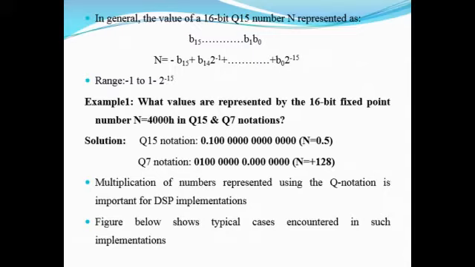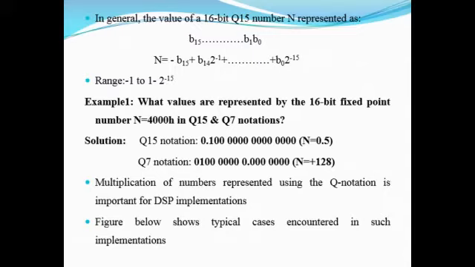This is the Q15 notation of 4000 H. So it is 0.5. If I change it in terms of fraction, it is 0.5, that is 1 into 2 power minus 1. So it takes this form: B14 is 1, which is a value in binary, and 2 power minus 1 is 1 by 2, which is 0.5. 0.5 multiplied by 1 will give you 0.5.